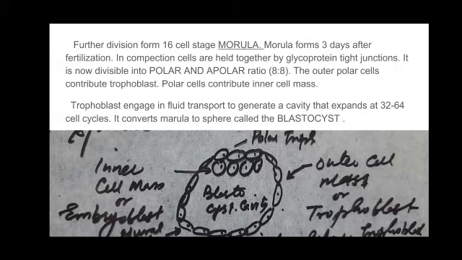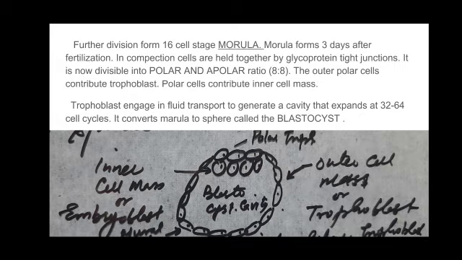In compaction, cells are held together by glycoprotein tight junctions. It is now divisible into two groups, polar and apolar. In the morula of 16 cells, it is divisible into 8 polar and 8 apolar cells.